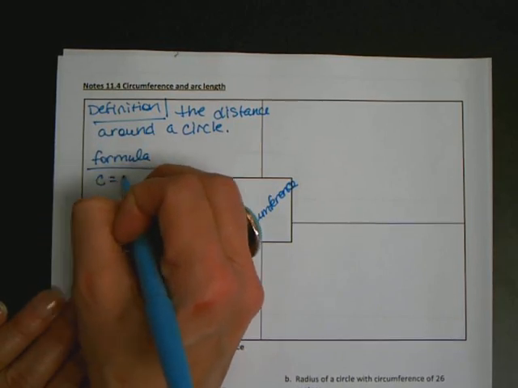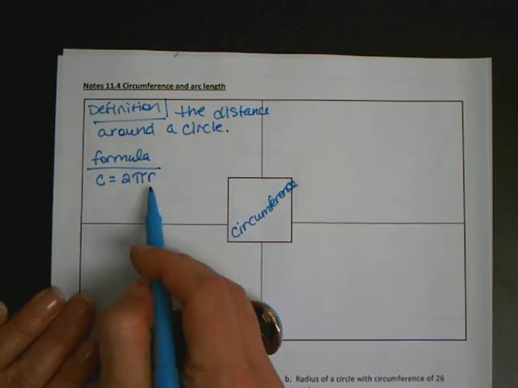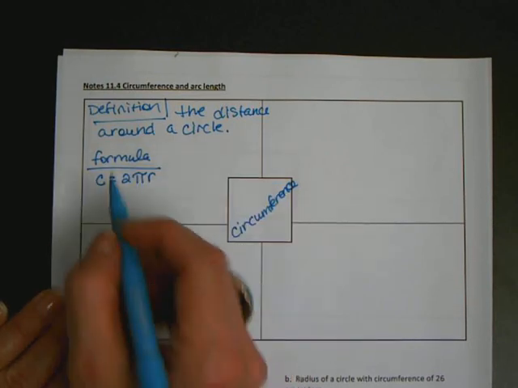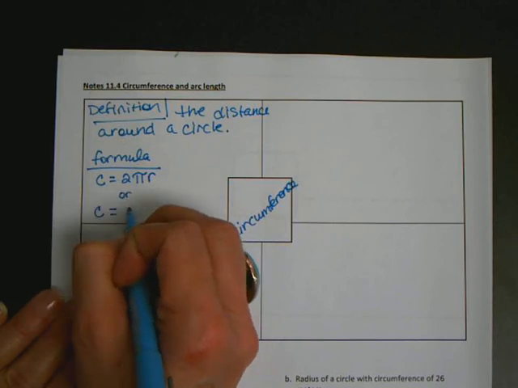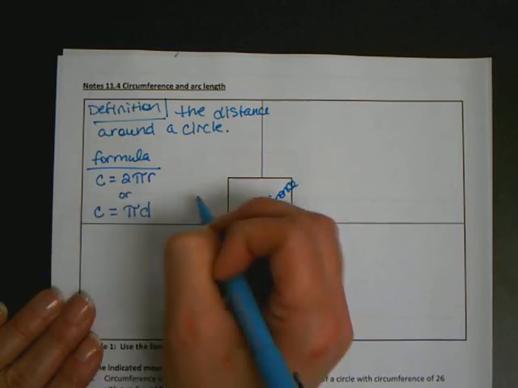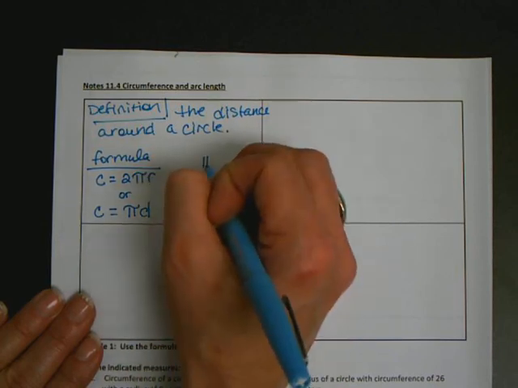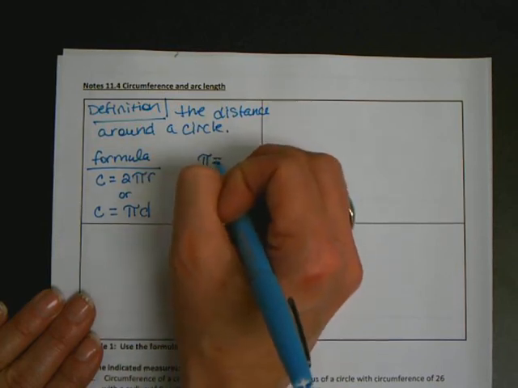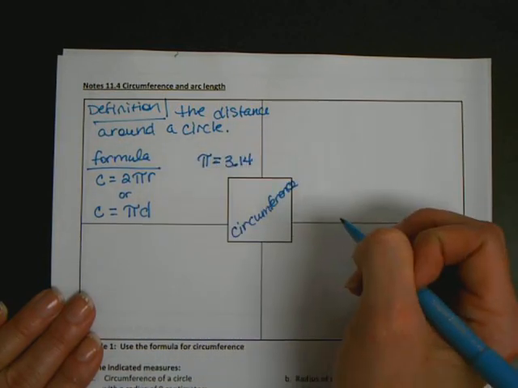So circumference equals 2 pi r, where r represents the radius of the circle. Or you can use circumference equals pi d, where d is the diameter of the circle. And of course, if you don't have a pi symbol on your calculator, you can round it to 3.14 whenever you're using the formula.